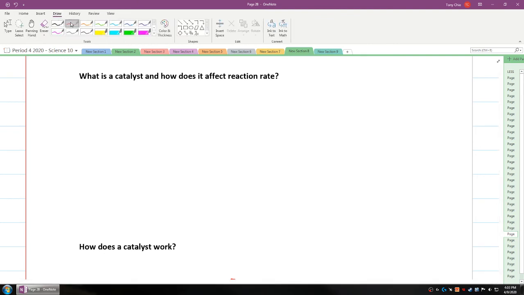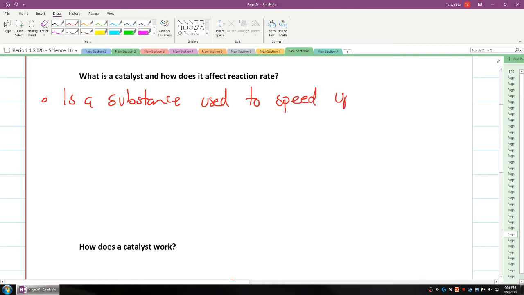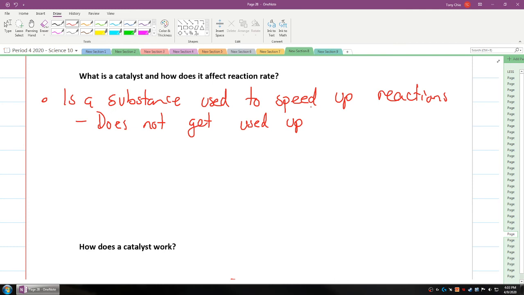So, a catalyst is a substance used to speed up reactions. But here's the crazy thing. It doesn't actually get used up. When I say used up, what I mean is that it actually gets reacted, but it gets reformed after the reaction occurs.